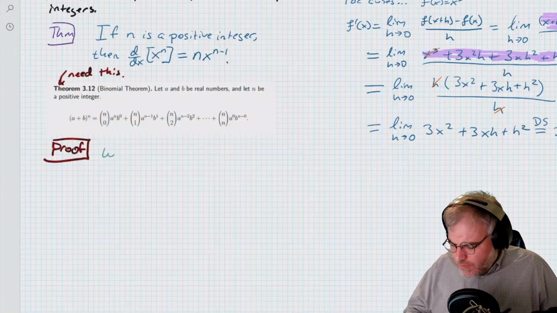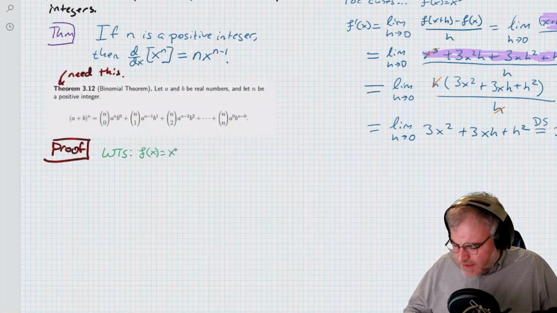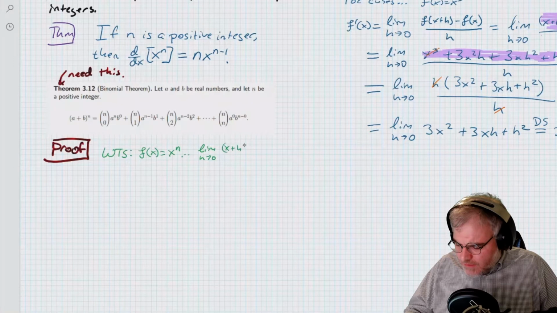So I want to show, for f of x equals x to the n, that the limit as h goes to 0 of x plus h to the n minus x to the n all over h equals n x to the n minus 1.